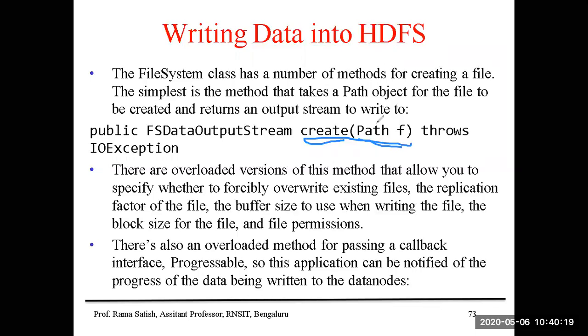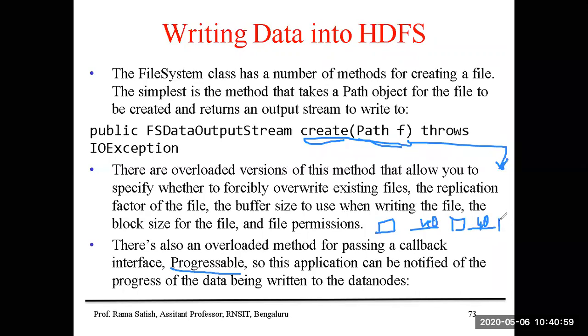So this application can be modified to show the progress of the data being written to the data nodes. Of course, Progressable is another method. The create method creates the file, and while writing the file you have a lot of data. Once one block of data is written, the Progressable method is called. It will say the first block is written, so that means 40% is done. Next, the second block is written, another 40%, so totally 80% of the work is done.